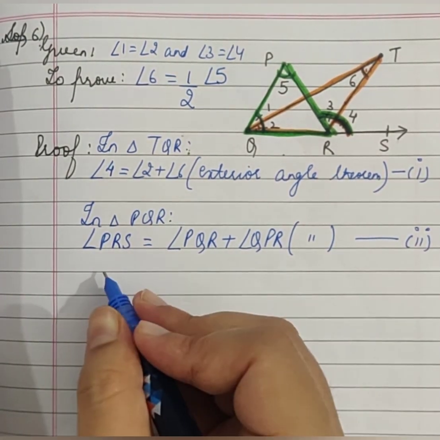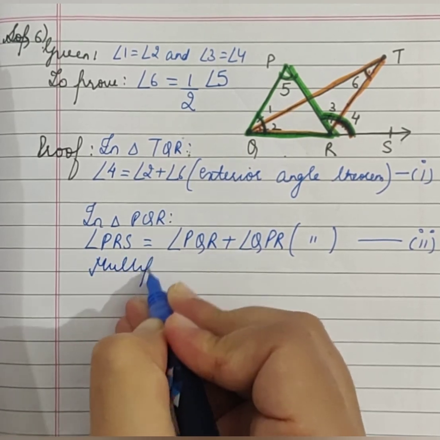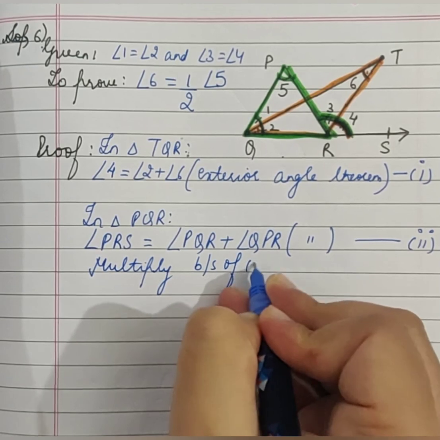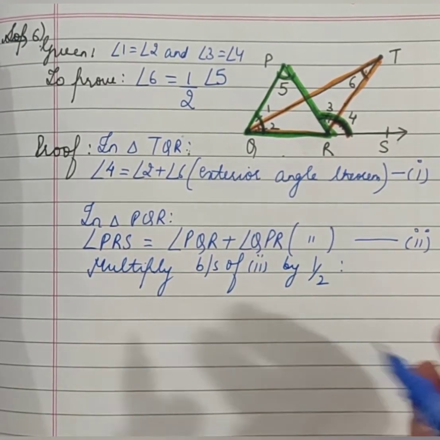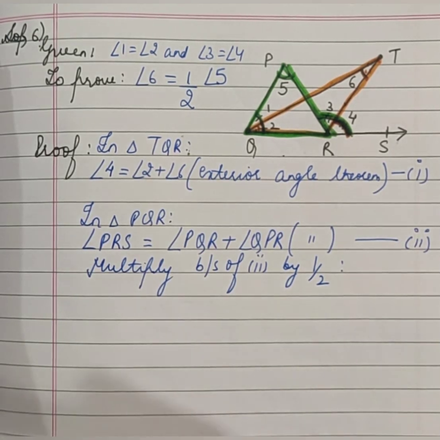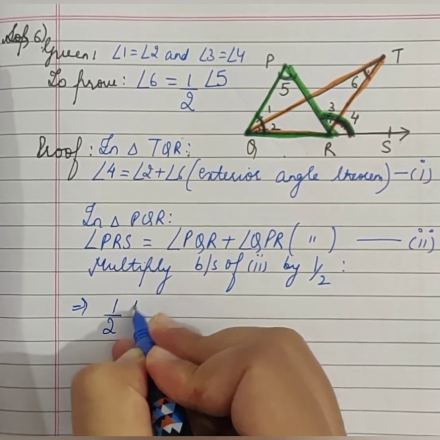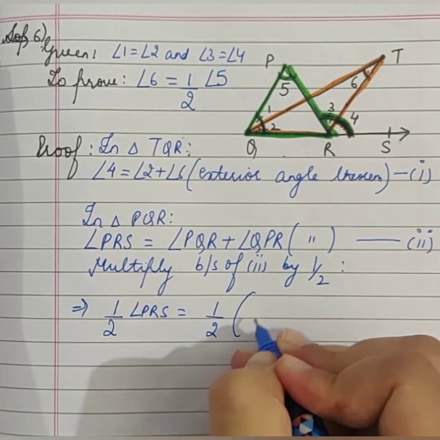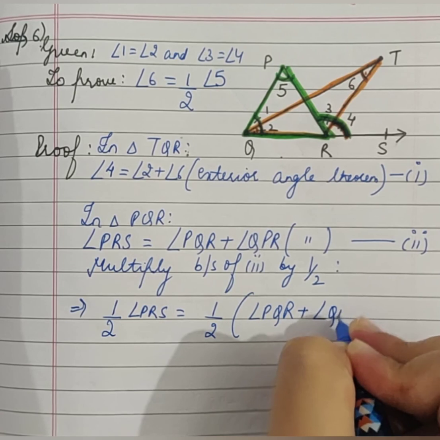Now I'll multiply both sides of equation 2 by 1 by 2. That means I'm dividing both sides by 2. Why I'm doing so, I'll tell you in the next step. It implies half of angle PRS is equal to half of angle PQR plus half of angle QPR.